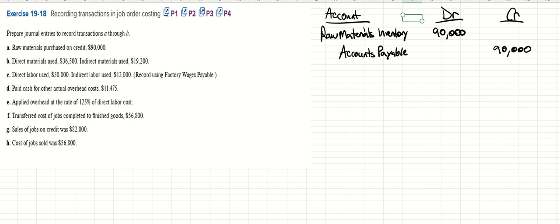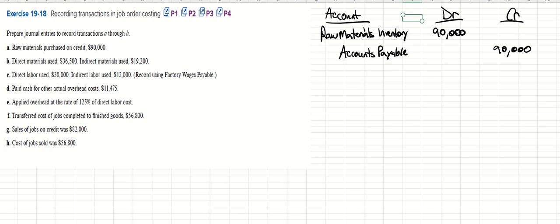Anything that's indirect, like indirect materials and indirect labor, is going to be recorded in factory overhead, because they're indirectly associated with the production process of producing items. So those are included in factory overhead instead of work in process inventory.